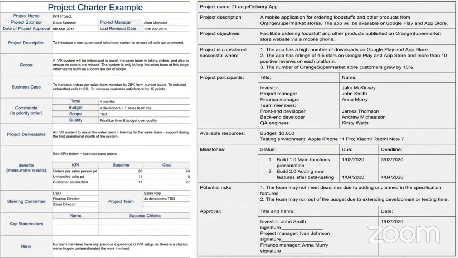If you wish to call it an abstract, no problem, but just know that what you're seeing on your screen is a typical example of what a charter looks like. So if you call it an abstract, you're not too far from it. But for me personally, I don't recommend a project charter being more than 1 page.